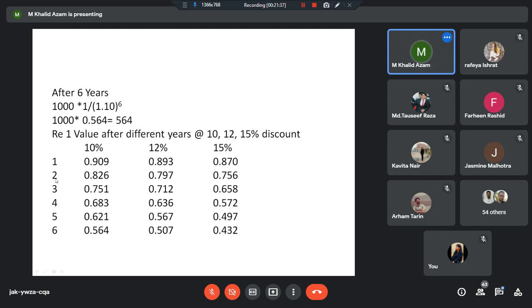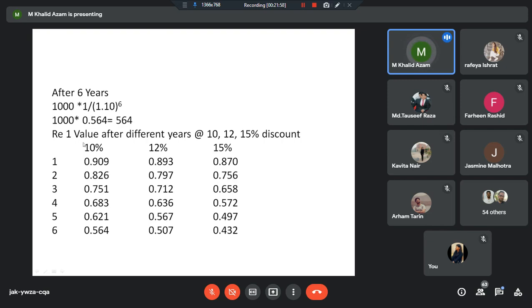If you are discounting after 2 years, at 10% it was 0.826. Now at 12% this has reduced further, 0.797, and at 15% after 2 years, if you are getting the amount 1 rupee, that will be only 0.756.